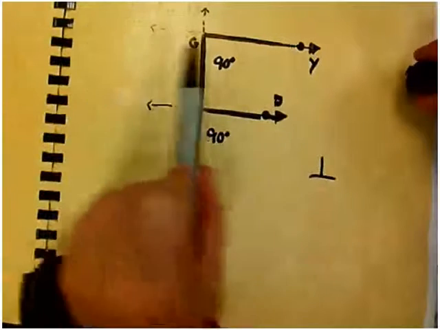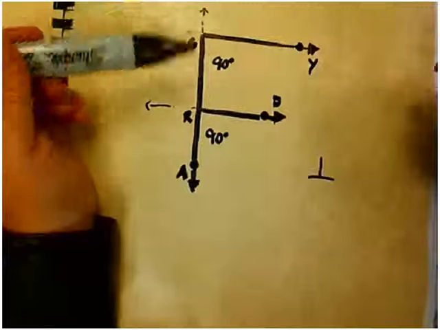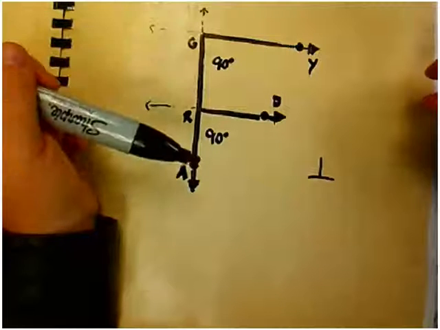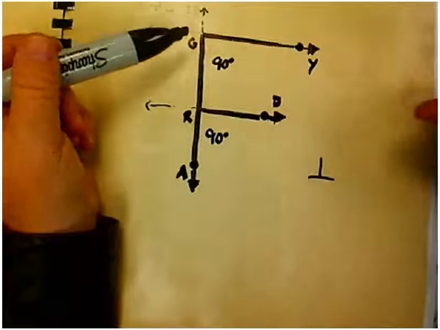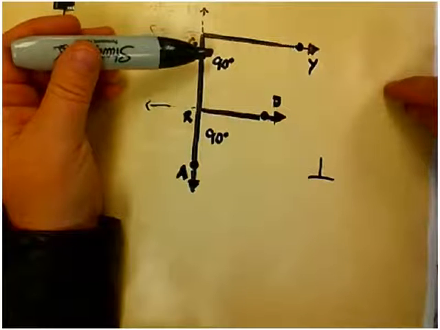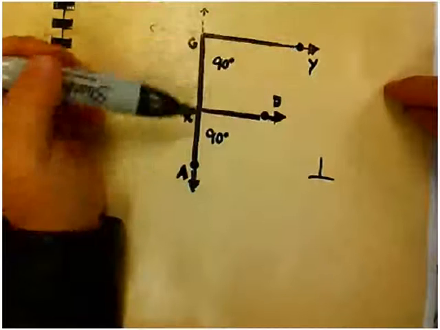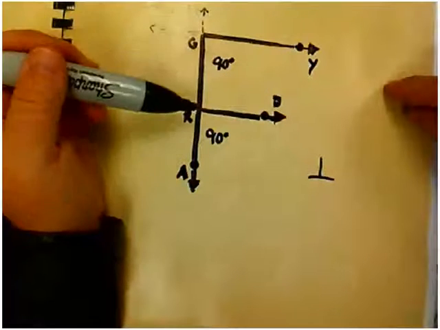So we know that GY is parallel to RD because of our perpendicular rule, right? We also could say that they're parallel to each other because we have corresponding angles. YGR corresponds with DRA.